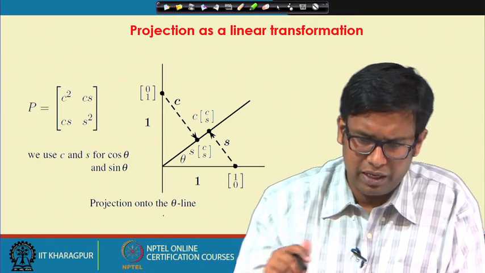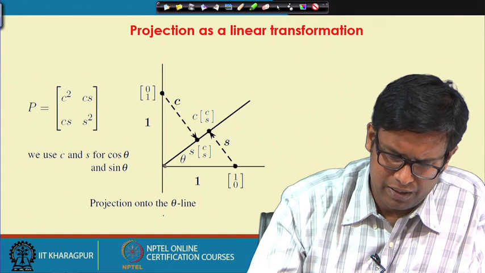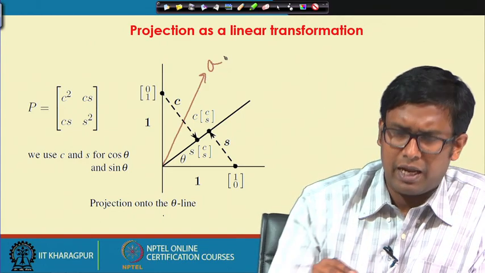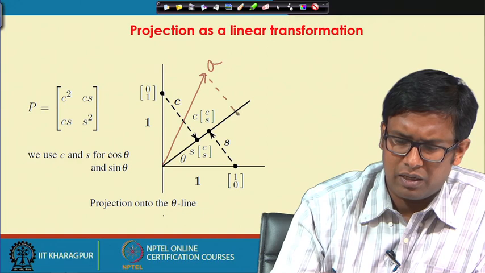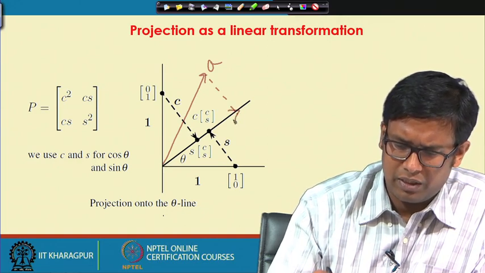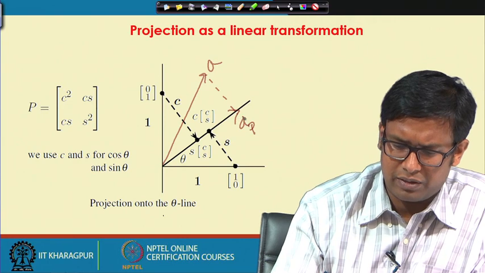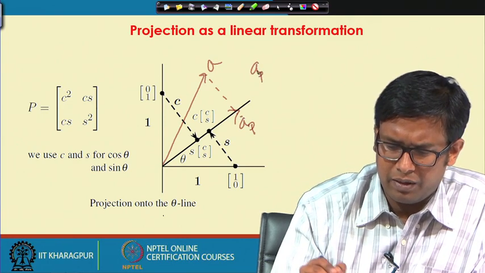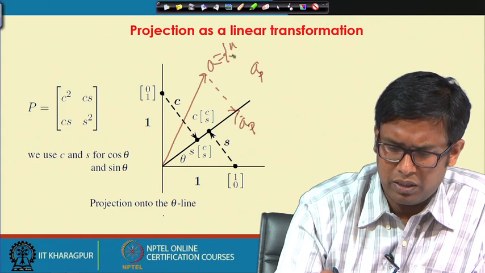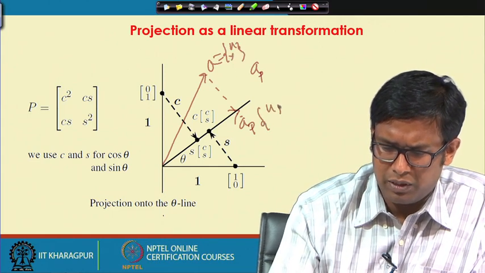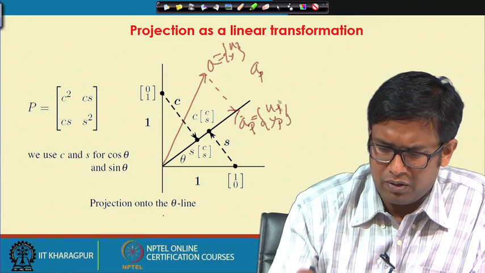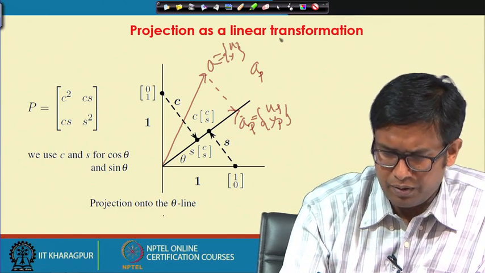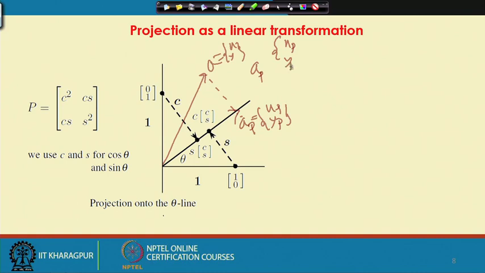So, for example, I take a vector say A here, and I would like to project this vector along this line. We will get something A p. So, this is x y, and this is x p y p. We can write x p y p, which is A p, equal to this projection operation c square, c s, c s, c square times x y.